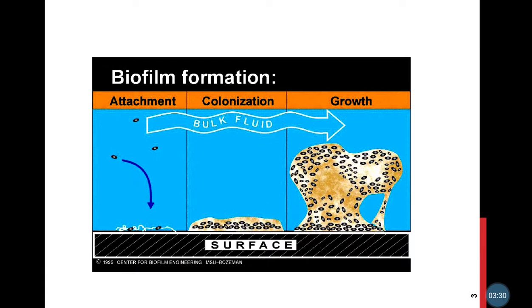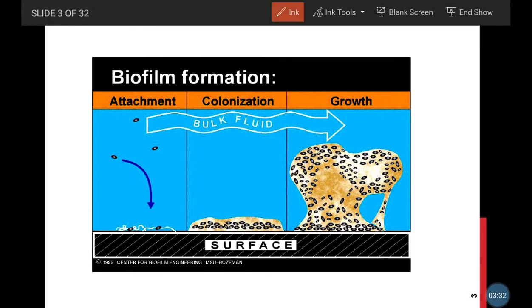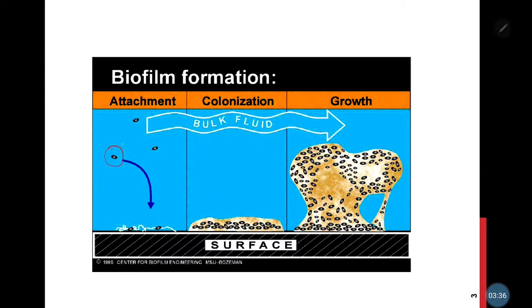If you can see here, the black one, the small dot, is what we define as a microorganism. Organisms from the surrounding will come to the surface and attach on the surface.